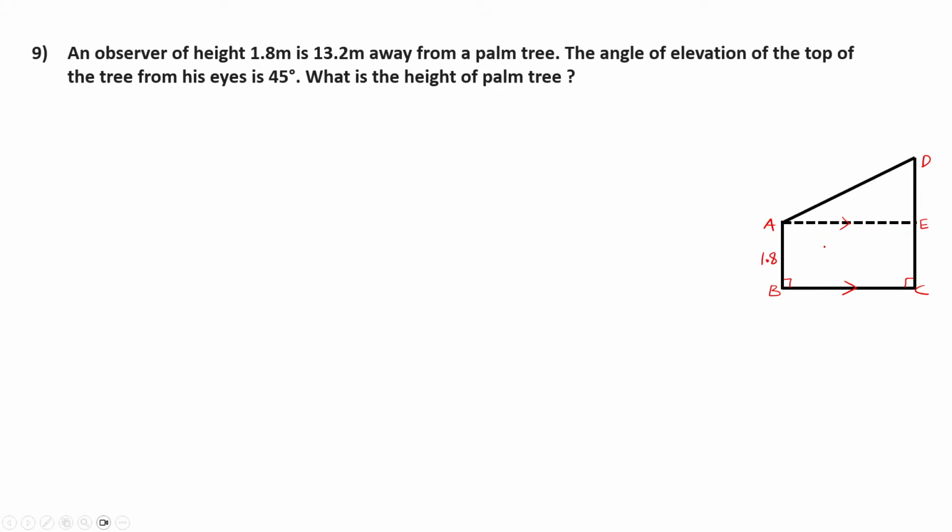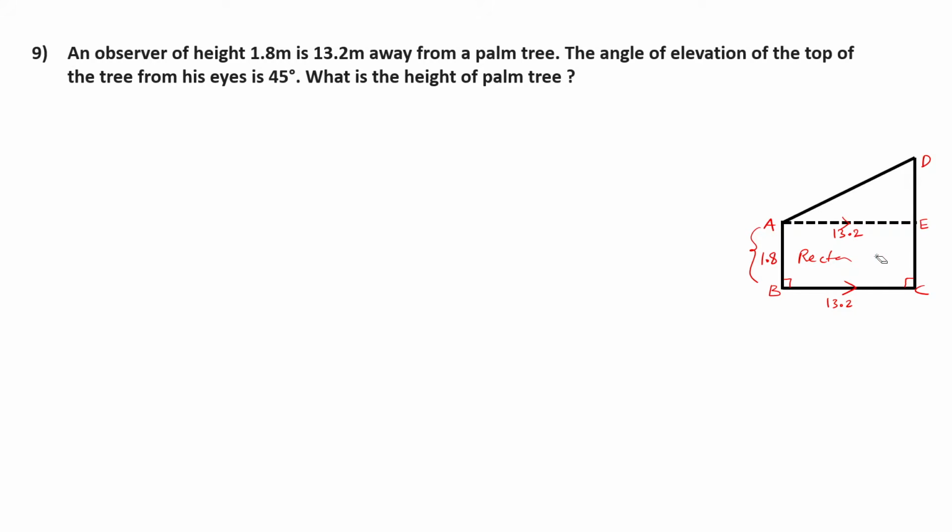So therefore, ABCE became a rectangle, isn't it? That means if this is 13.2 meters, AE will also be 13.2 meters. If AB is 1.8, CE is also 1.8. So up to here we have found part of the height of the palm. If you can find DE, then add 1.8, you will get the height of the palm tree. Okay, this is that easy.